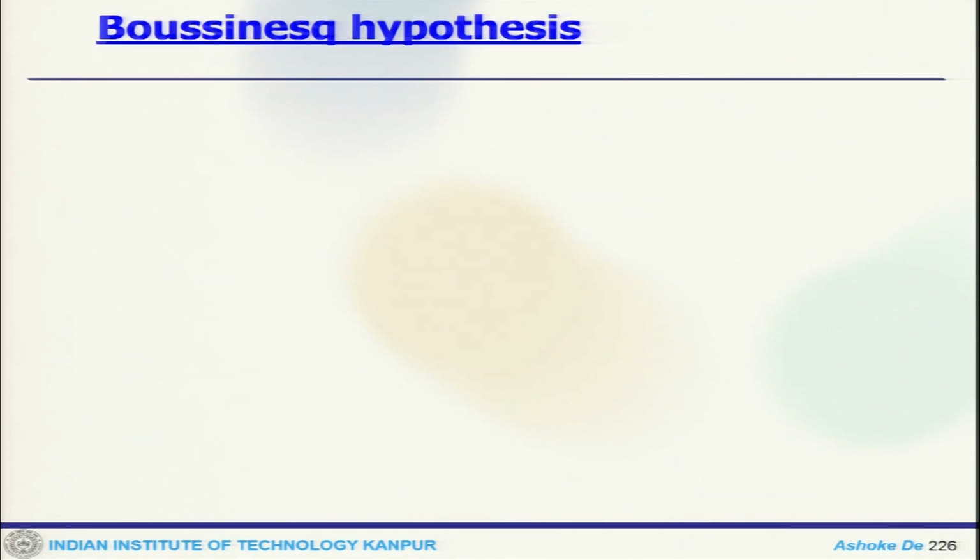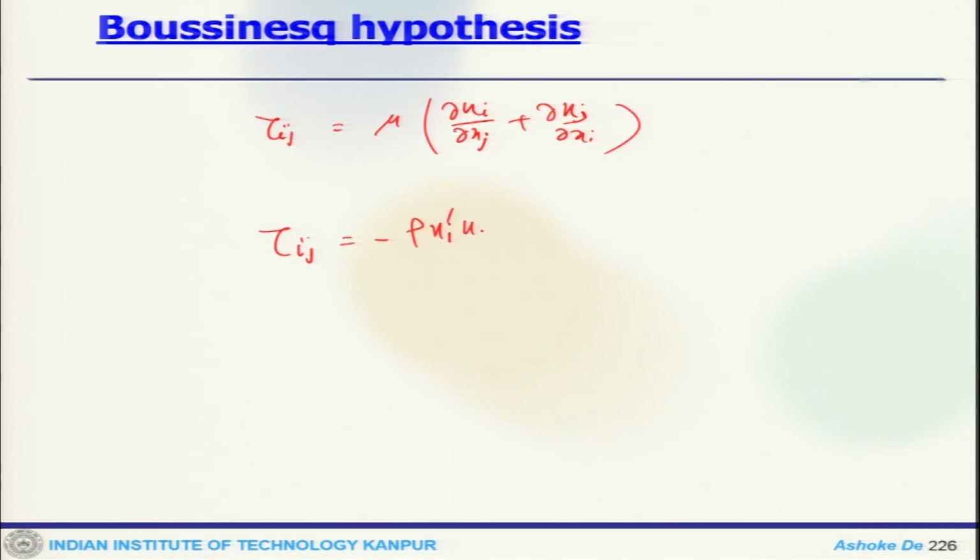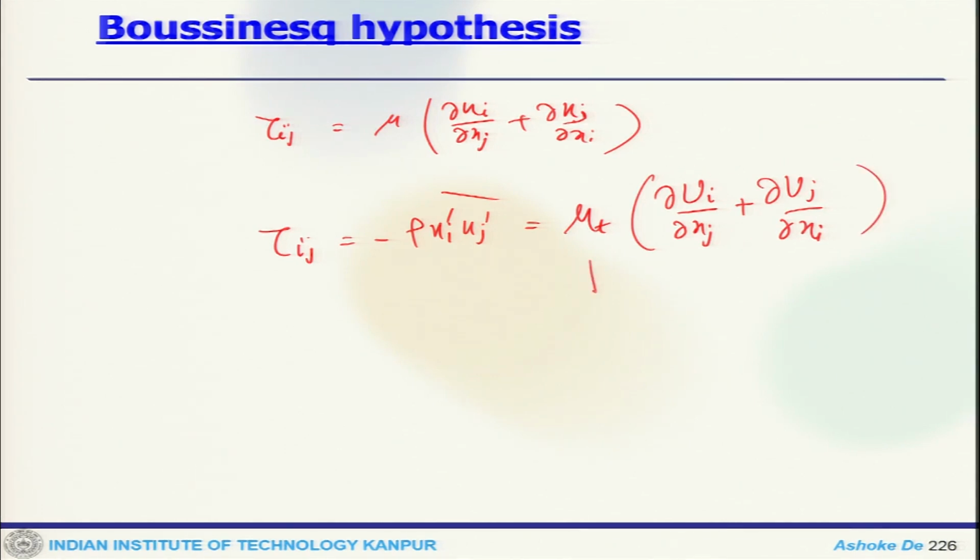So, it is found that turbulence actually increases the mean rate of deformation, and the viscous stresses are given by ∂u_i/∂x_j plus ∂u_j/∂x_i, and the Reynolds stresses are modeled as the eddy viscosity times ∂u_i/∂x_j plus ∂u_j/∂x_i, where these are the mean strain components and μ_t is the eddy viscosity.